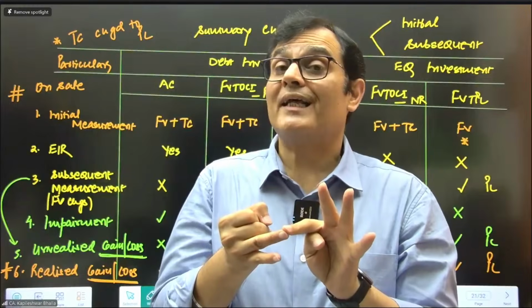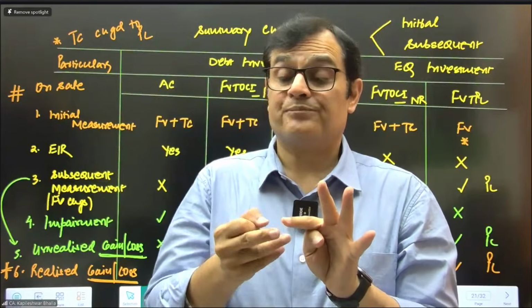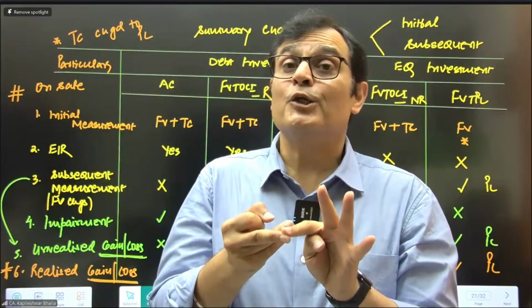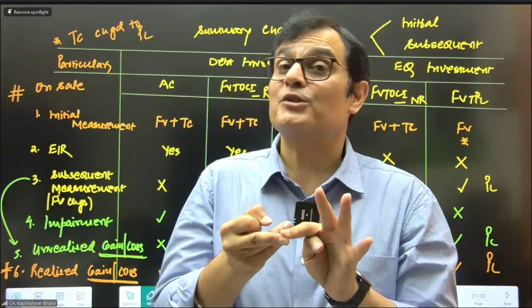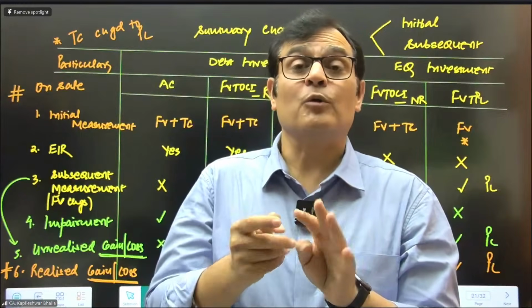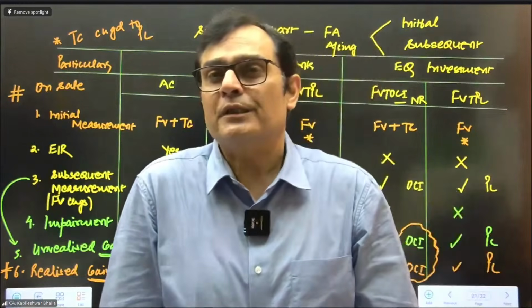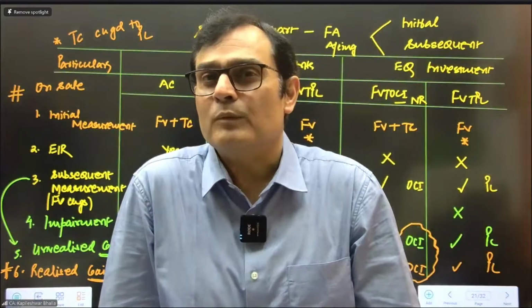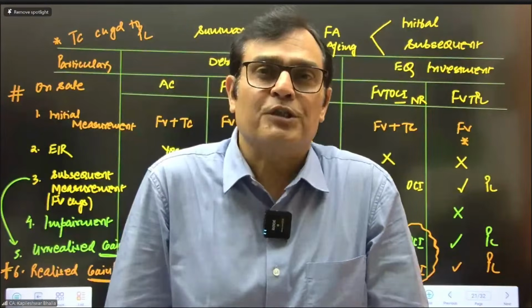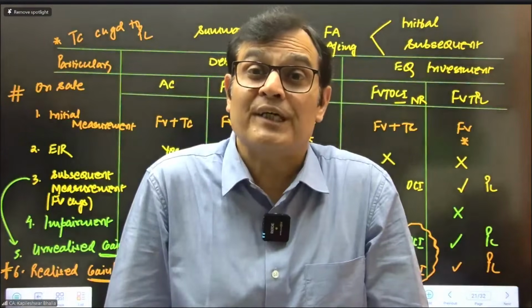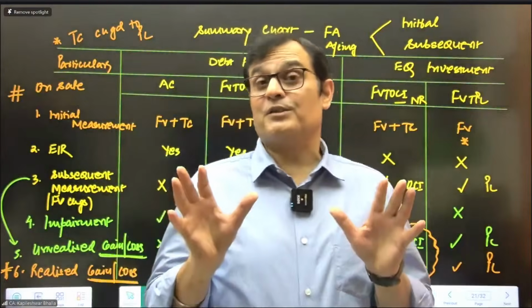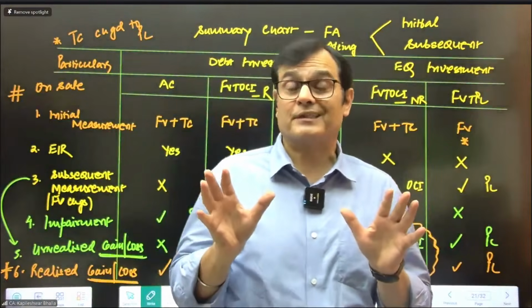Number two, realized gains and losses go to OCI. Number three, no impairment, so nothing goes in P&L. Number four, even if you enter into hedge accounting for these investments, the fair value changes still enter the OCI. I gave you four reasons for the thought process of the standard setters.